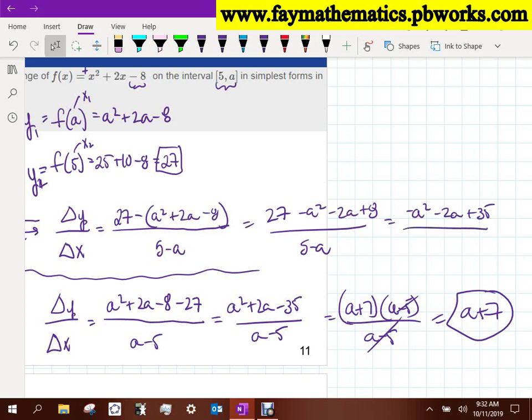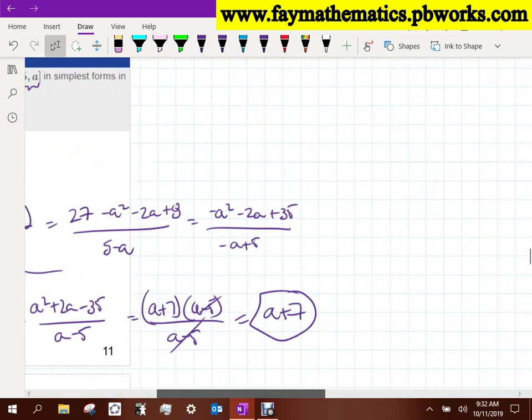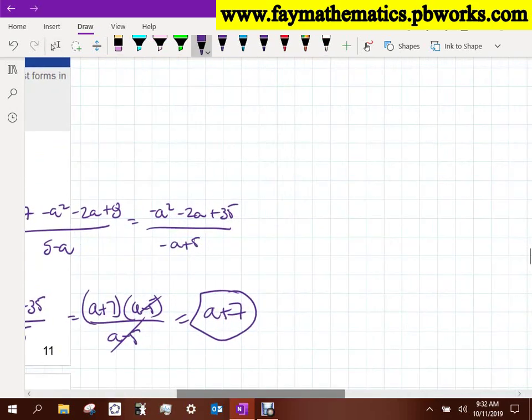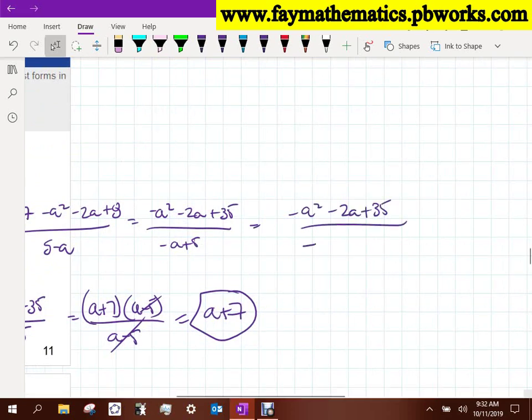Now I'm going to take this, and can I rewrite this as negative a plus 5 on the bottom? All right, now a lot of people are going to maybe struggle factoring this, but think about this. Negative a squared minus 2a plus 35. Can I rewrite the bottom as this? Can I factor a negative out?